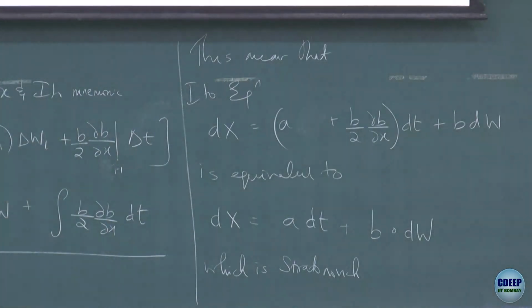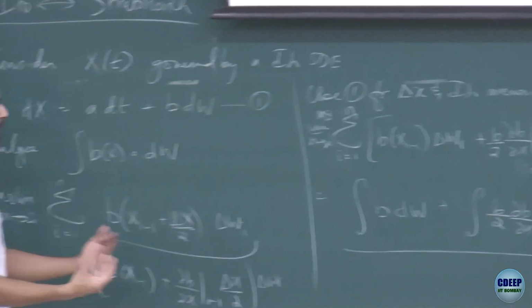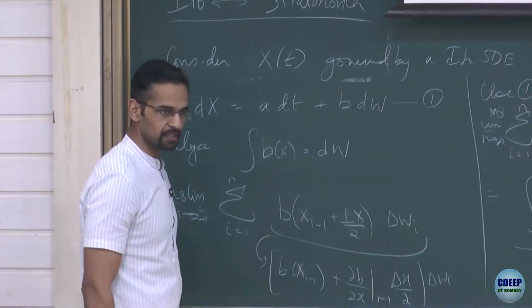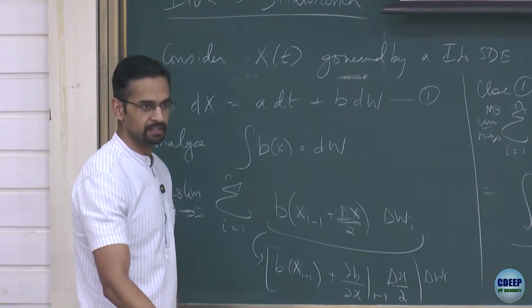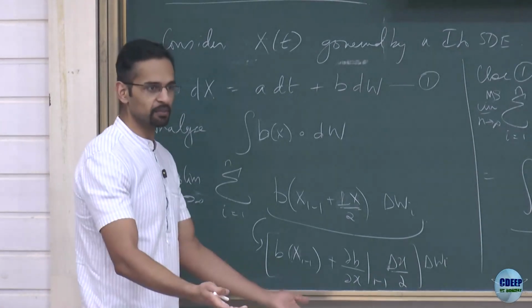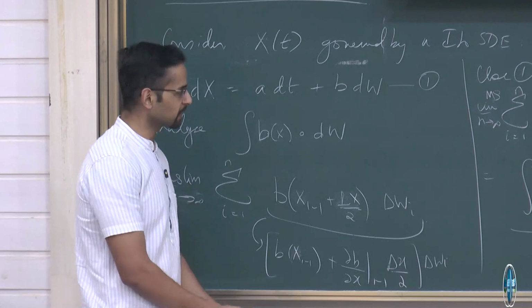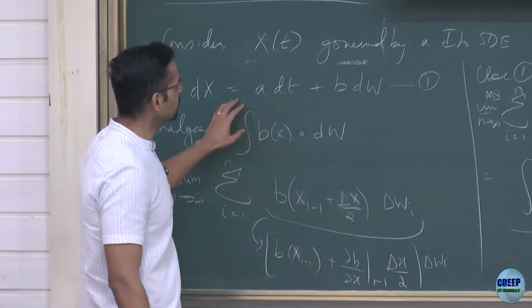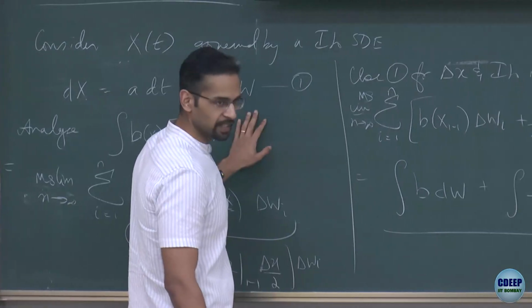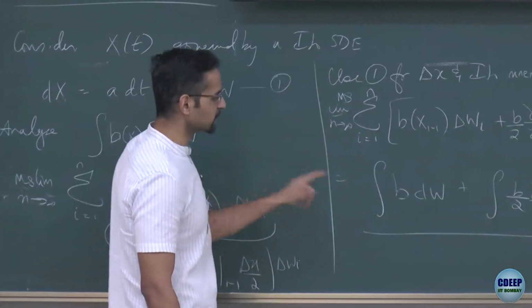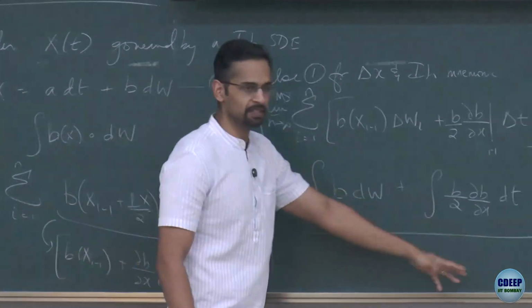So what we have done is, that is the whole point, that I have a process X, it can simultaneously satisfy an Ito equation and a Stratonovich equation, but they will be different. And the connection is shown here. Because we have seen for some Ito SDE, an X defining an Ito SDE, you can convert a Stratonovich integral to an Ito integral plus a drift.